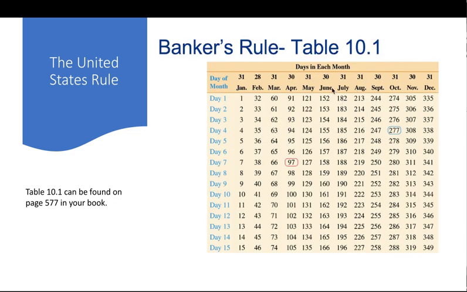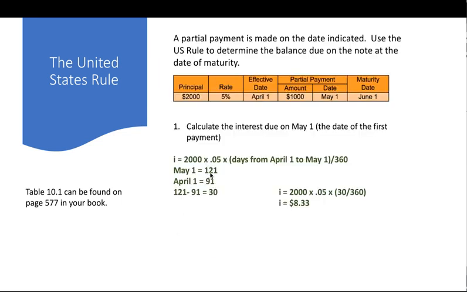So if you look on this chart, April 1st is day 91 of the year, and May 1st is day 121 of the year. So 121 minus 91, that's the day of the year that May 1st is, subtracted by the day of the year that April 1st is, 30 days.